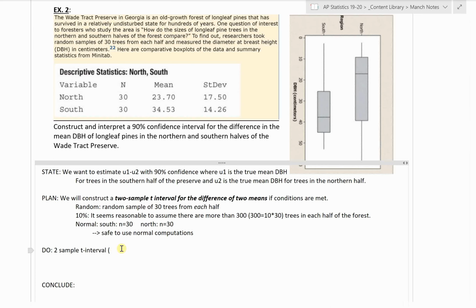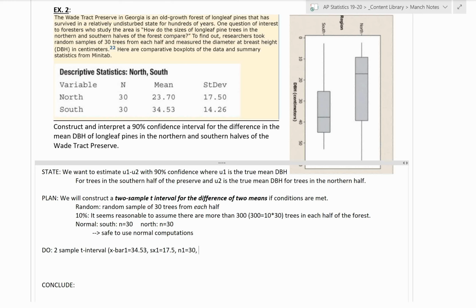It asks us for the sample mean from the south, so x bar 1, which is 34.53. It asks us for the standard deviation from the south, which is 17.5, and it asks us for a sample size, which was 30.